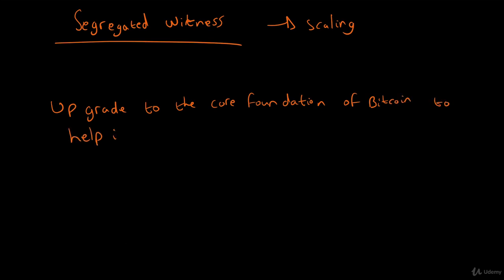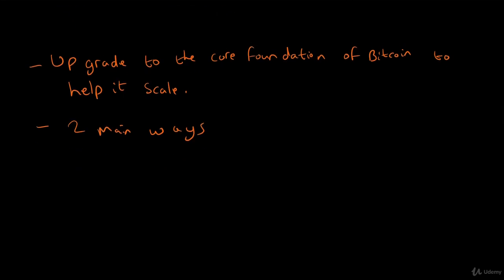So it was proposed to help it scale, and it helped it scale in two main ways. So the upgrade, or the features of the upgrade, were two parts really. So one was code optimization. So we have code optimization, which alters how some data is stored to the network.